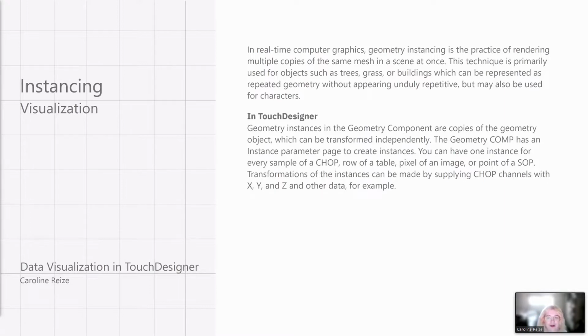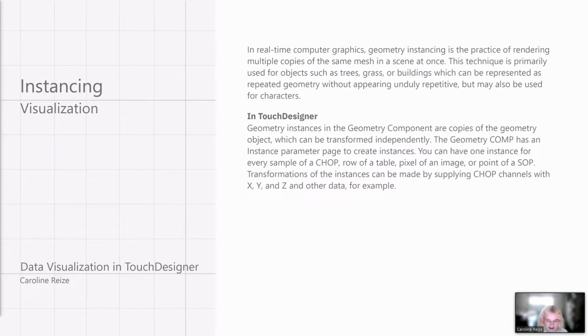In real-time computer graphics, geometry instancing is the practice of rendering multiple objects of the same mesh in a scene at once. This technique is primarily used for objects such as trees, grass, or buildings, which can be represented as repeated geometry without appearing repetitive, but it may also be used for repetitive objects. In TouchDesigner, we can use the geometry comp.